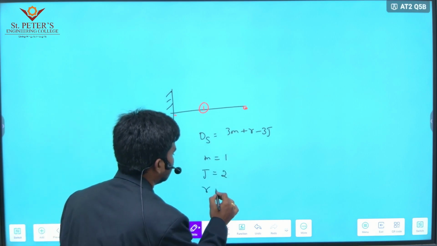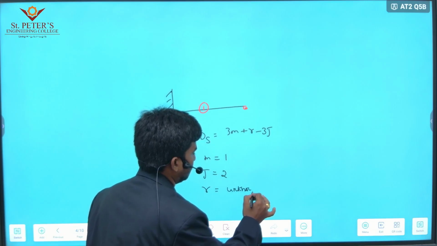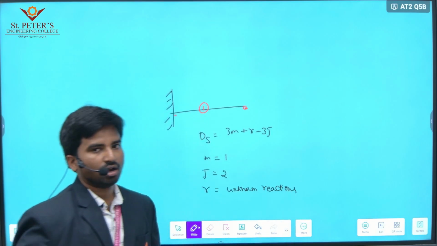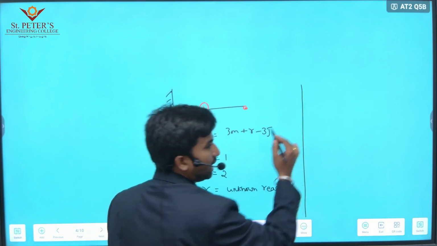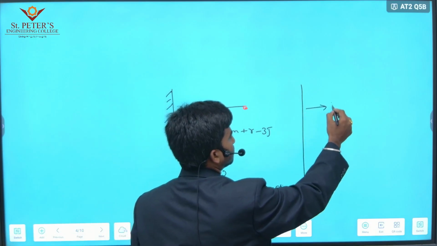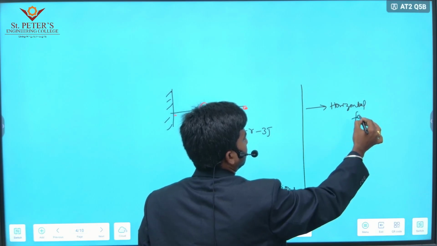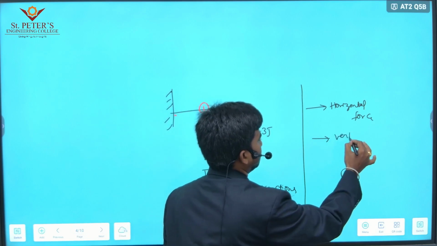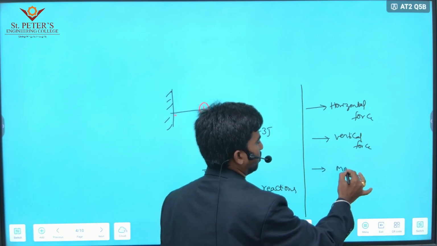So here r value is unknown reactions. To calculate the unknown reactions, based on equilibrium equations, there are three equilibrium equations. One, horizontal force, second one is vertical force, and last one is moment.